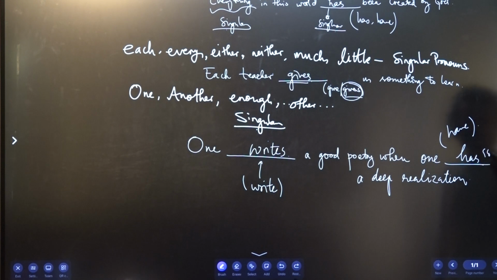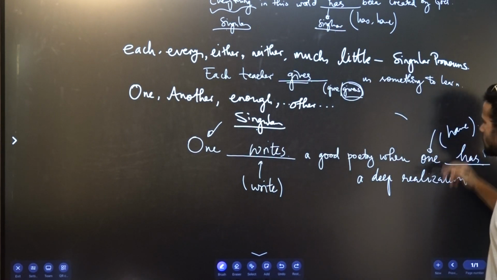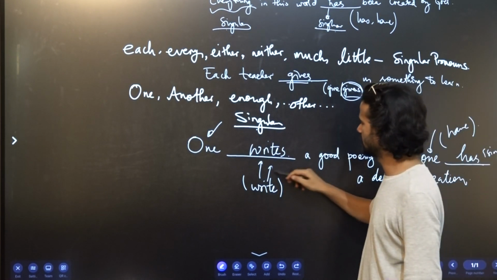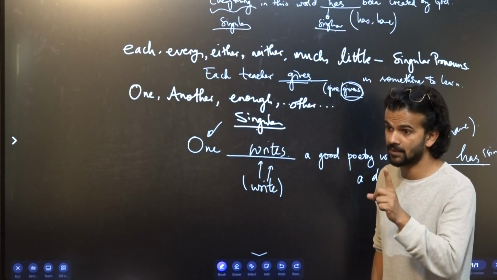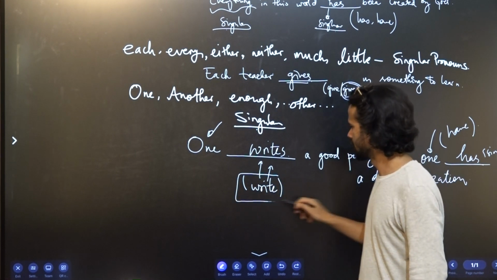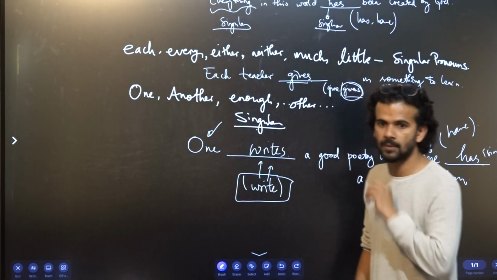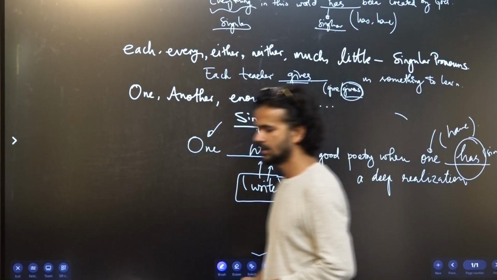Singular. Why? Because one is singular here. So the singular form of the verb writes. Don't get confused with the verb. Writes is the singular form of the verb. Similarly, has is the singular form.